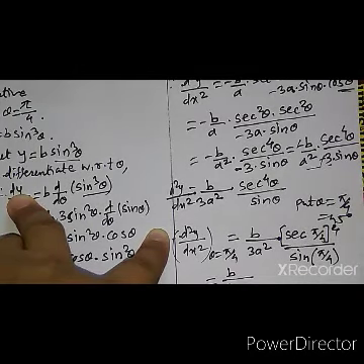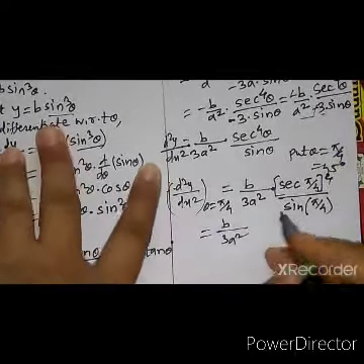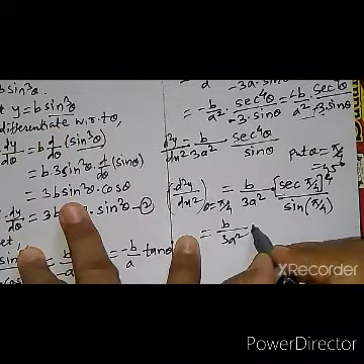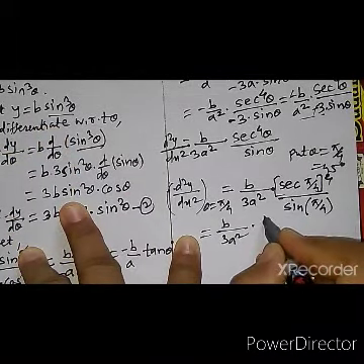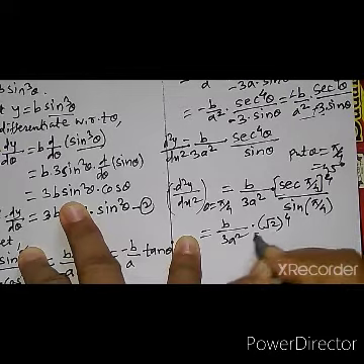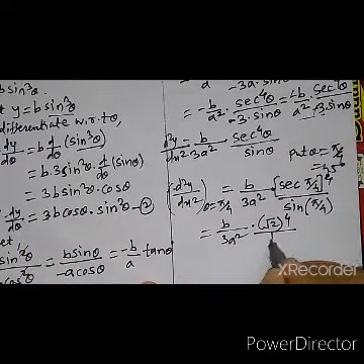So b upon 3a square, sec pi by 4, or sec 45, means root 2, bracket raised to 4, upon sin pi by 4, which means 1 upon root 2.